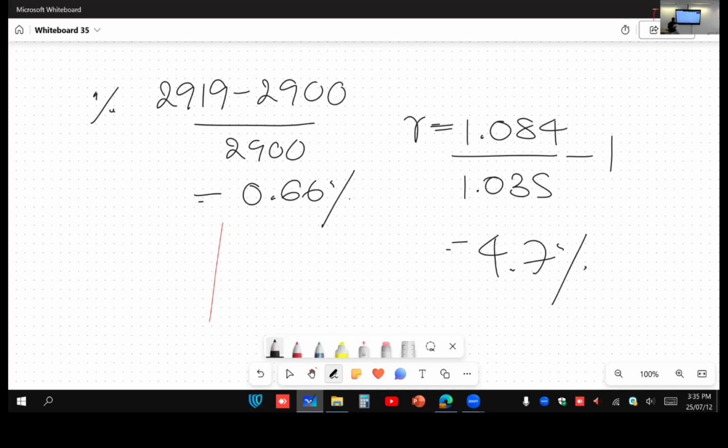Share prices have grown at a lower rate than inflation in real terms. So prices have fallen.